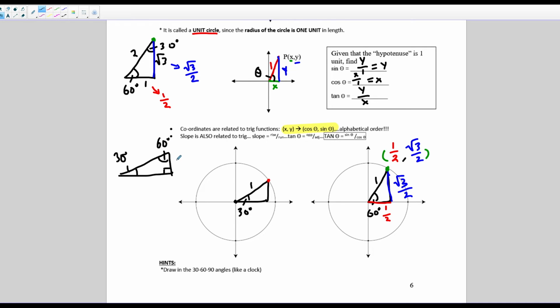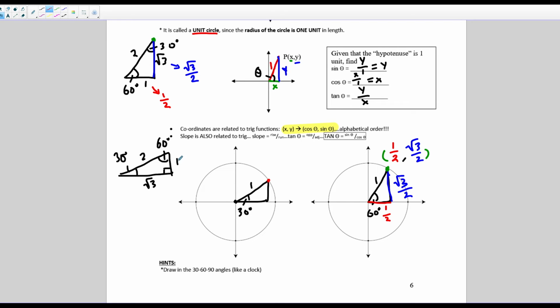So we know that this side is going to be 1, our hypotenuse is 2, and this bottom side is root 3. And once again, because our triangles are similar to each other, remember, similar triangles have the same ratio of sides. We can see that our hypotenuse going from 2 to 1, we're going to divide everything by 2. So 2 divided by 2 gives me 1.